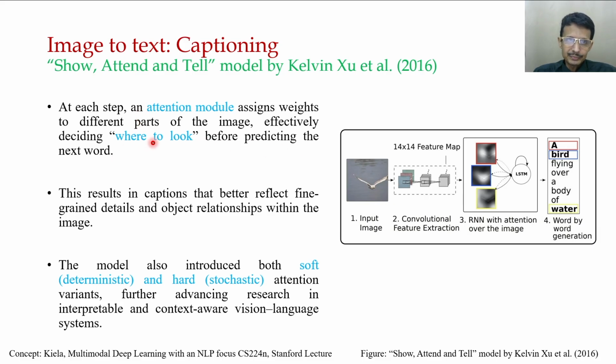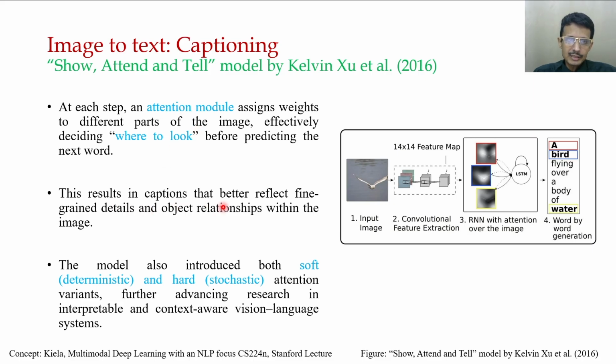So why attention here? The attention module says which part of the image is important, where we put more emphasis, where to look in the image, and based on this you predict the next word. That is very interesting, and that is one of the major contributions of this work.